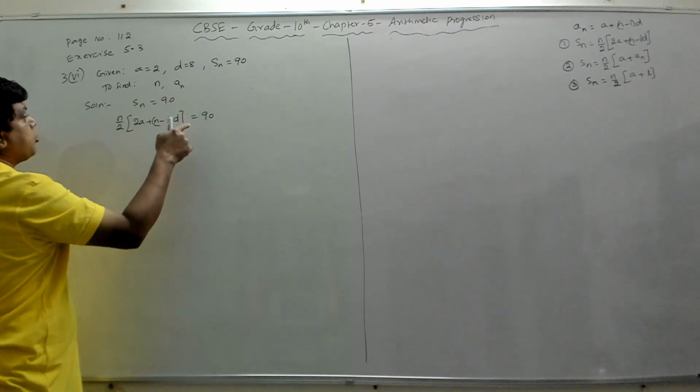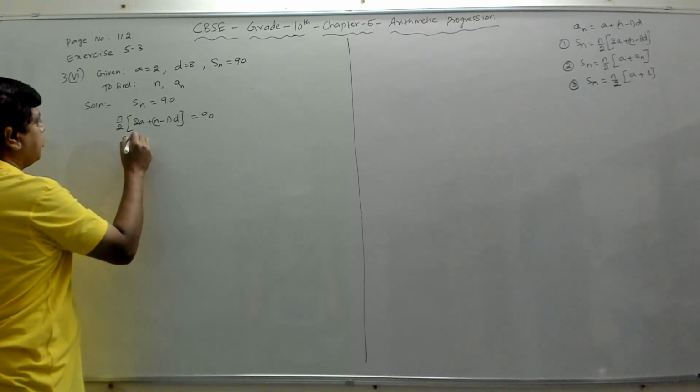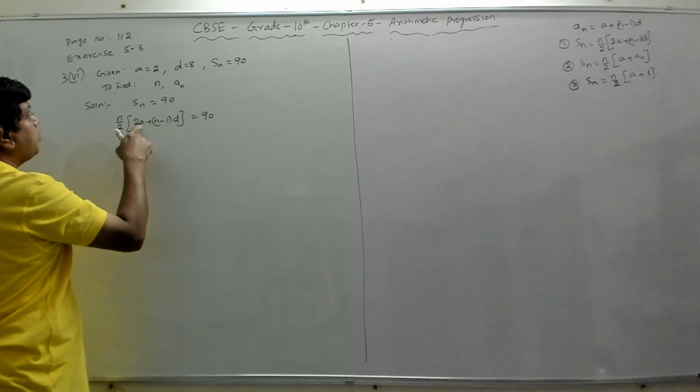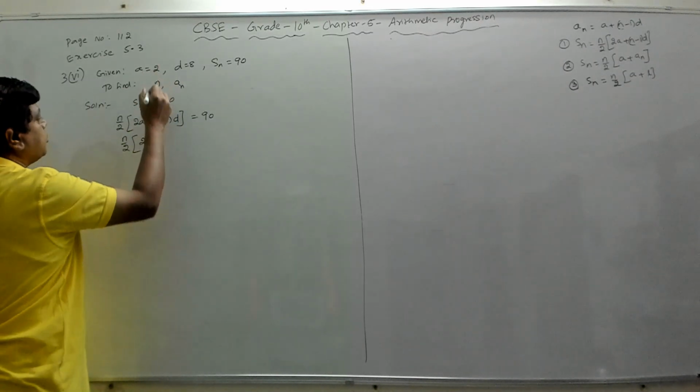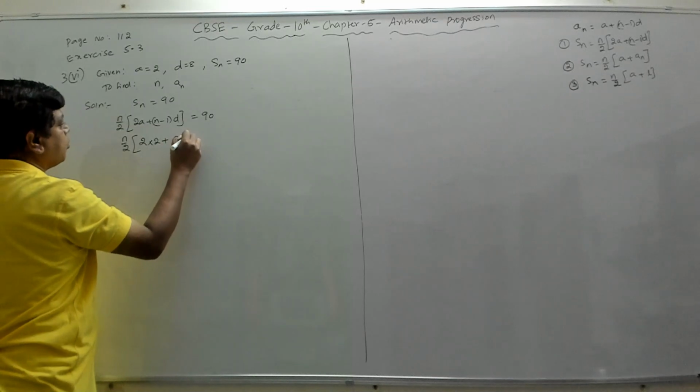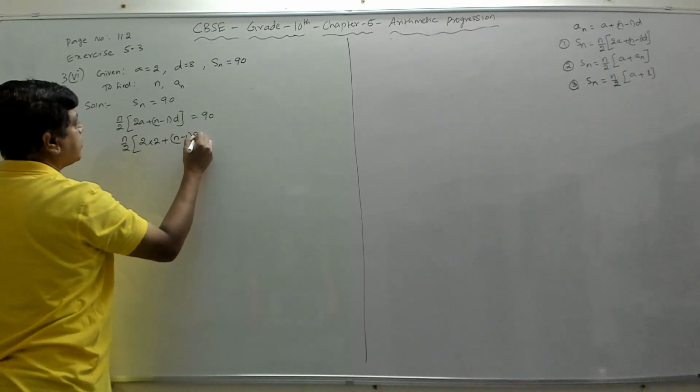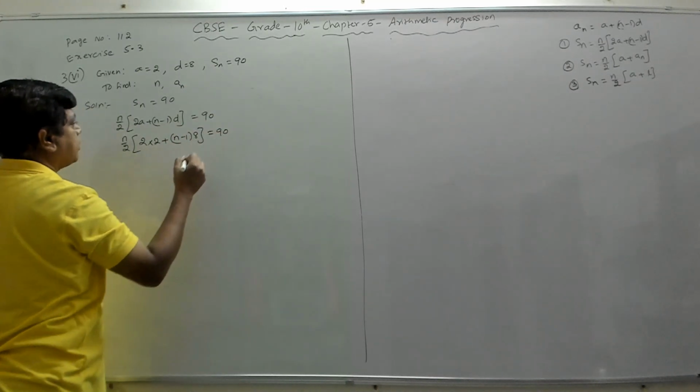So now let's substitute. n we don't know, there is n by 2. We have to find n and then an. 2a, 2 into a is 2 plus n minus 1 into d, which is 8, equal to 90, right?